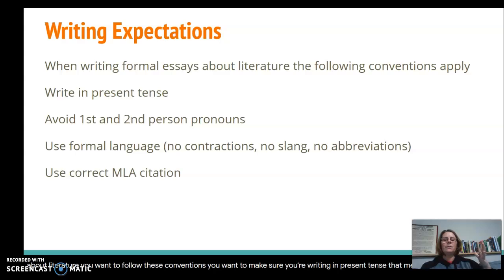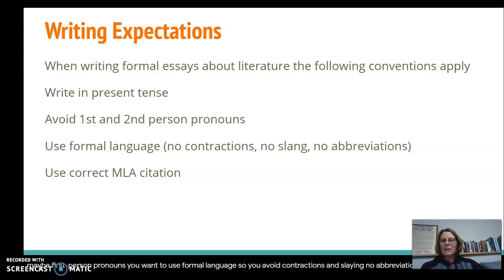In the case of talking about plot points, maybe in A Thousand Splendid Suns, you would say when Rashid hits Mariam, not hit. You maintain present tense. You also want to avoid first and second person pronouns in formal essay writing. That's different from your commentaries where we would expect maybe first person pronouns. You want to use formal language, so you avoid contractions and slang, no abbreviations, that sort of thing.